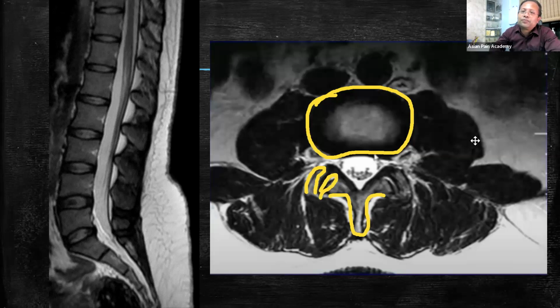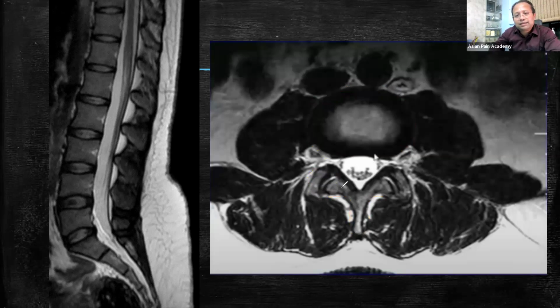Now see one thing. This area is hypointense, I mean like this gray color, and here it is black color. So you can understand this tissue and this tissue are not the same. One is less black, one is more black. So what can it be?